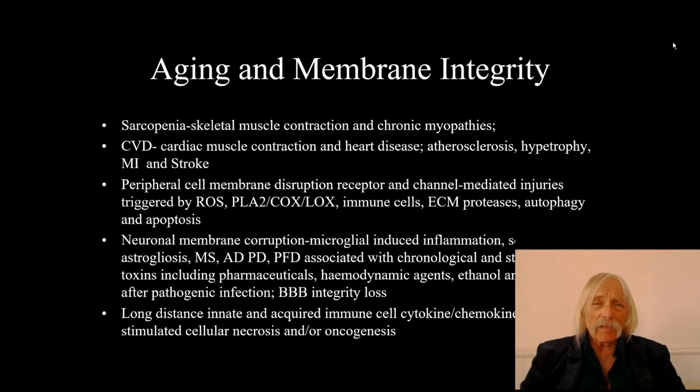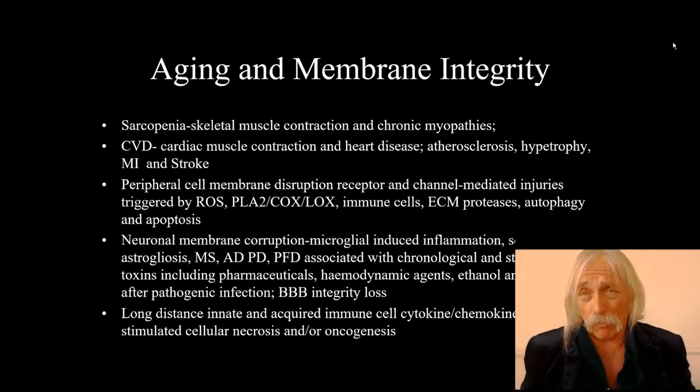And those enzymes that carry out the introduction of molecular oxygen into those preformed very long-chain fatty acids include cyclooxygenase and lipoxygenase, among others. Right? We've talked about immune cells. We just mentioned it again. We know that immune cells are highly communicative across that peripheral cell membrane. We talked about extracellular matrix proteases often, then signaling for autophagy and apoptosis for cellular fate.